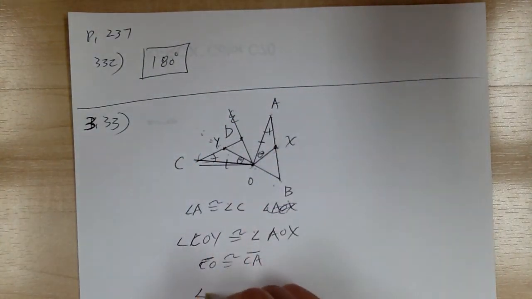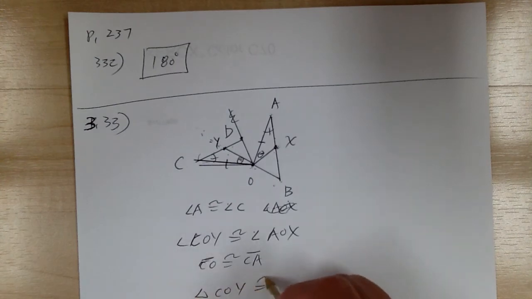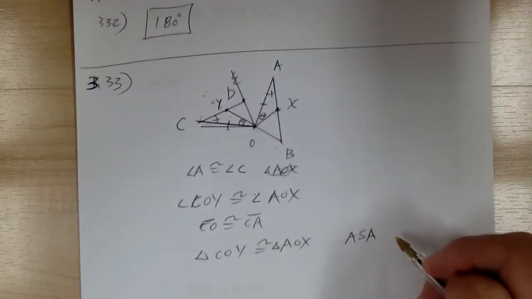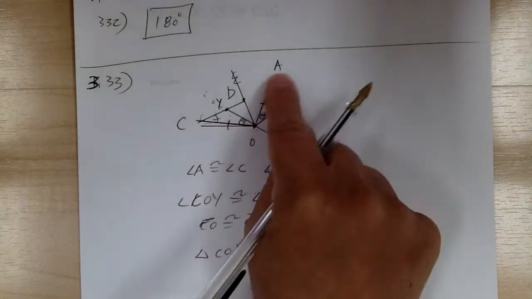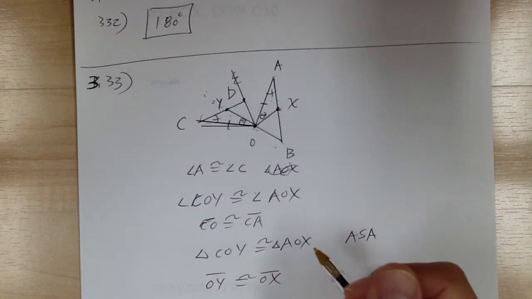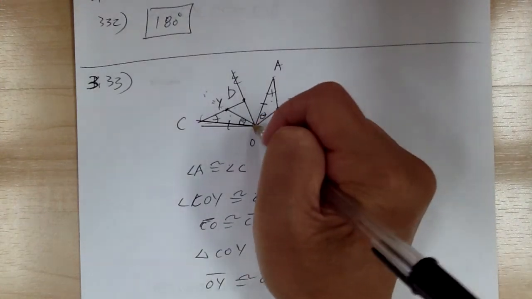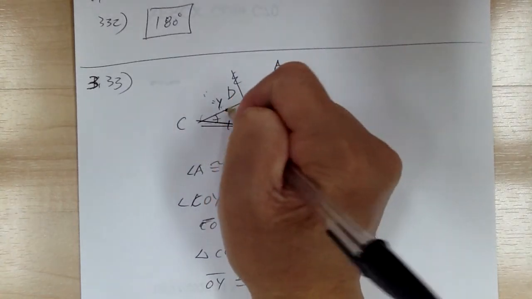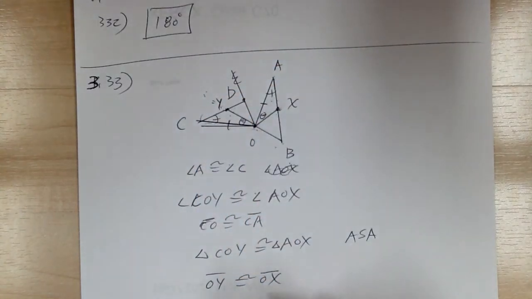So now you can see that triangle COY is congruent to triangle AOX, by ASA. If the two triangles are congruent, then OY is congruent to OX. Since it's the same distance, the point Y is on CD.